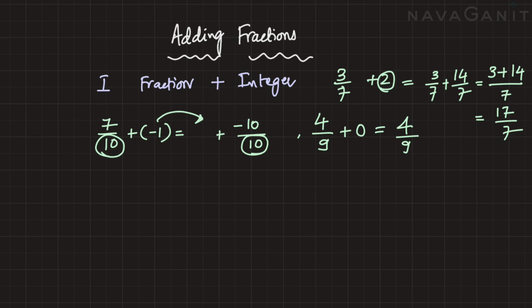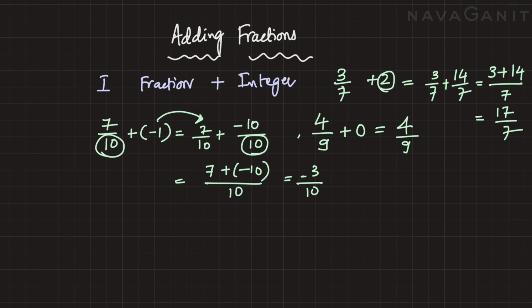So to this I'll be adding 7 by 10. So now I'll be able to take 10 as a common denominator, and I just need to add 7 and minus 10, which would be minus 3 upon 10. This is the first case where we are adding a fraction and an integer.